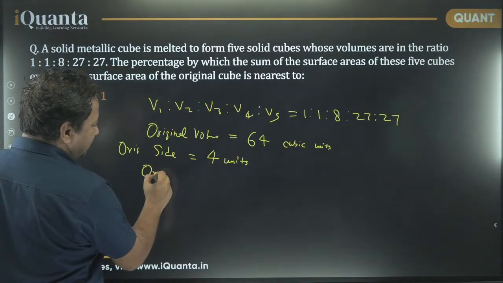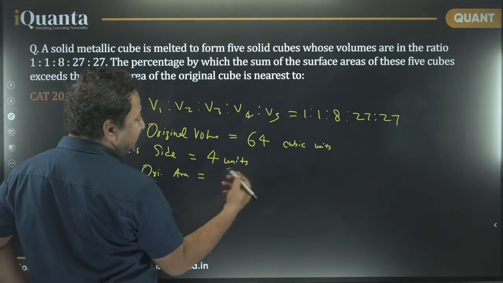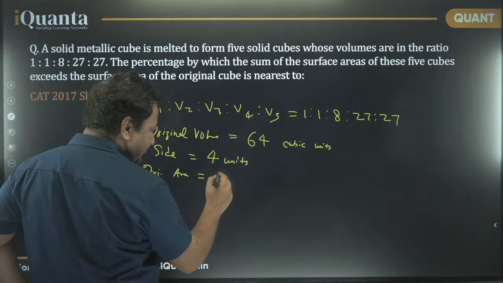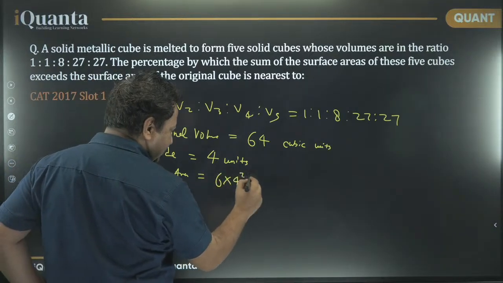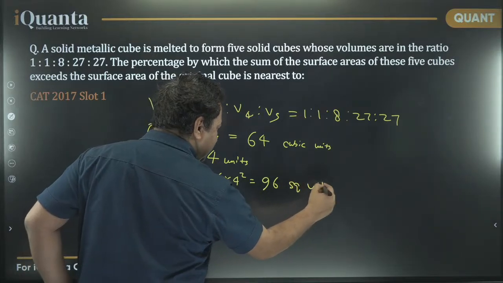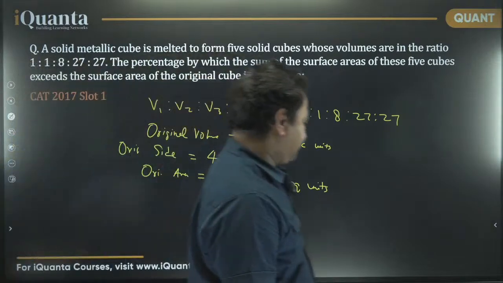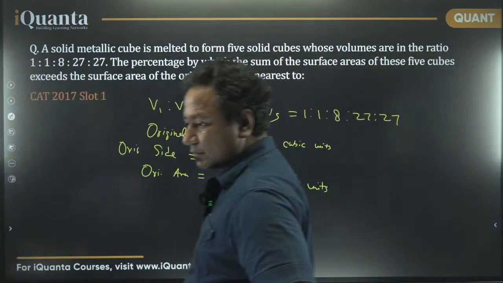Original surface area must be 6 into 4 squared, that is 96 square units. Am I clear? Right?